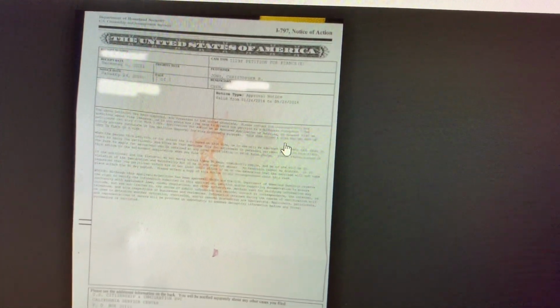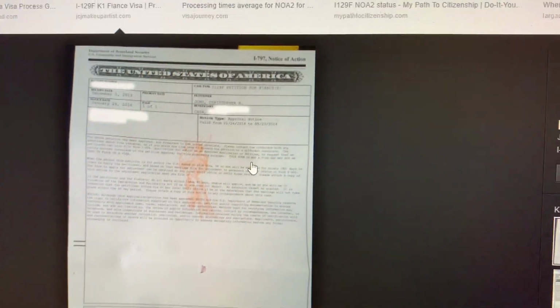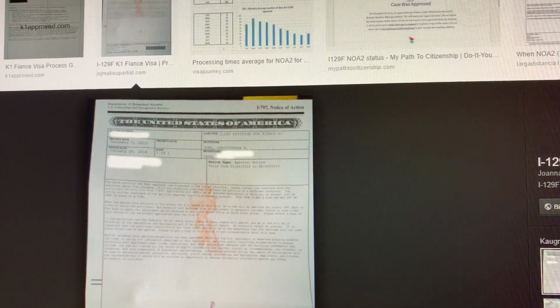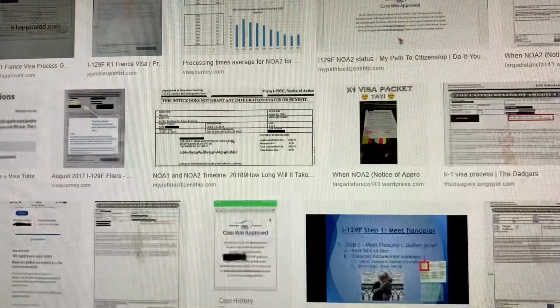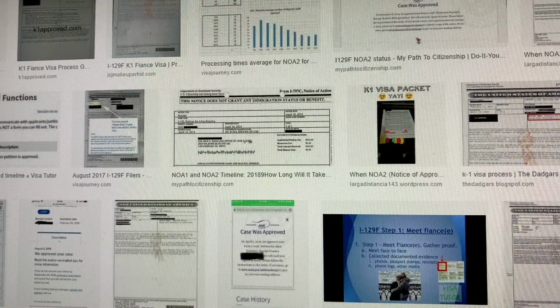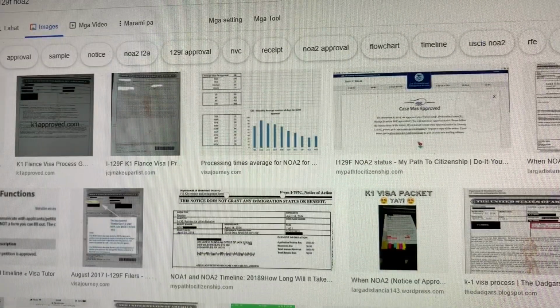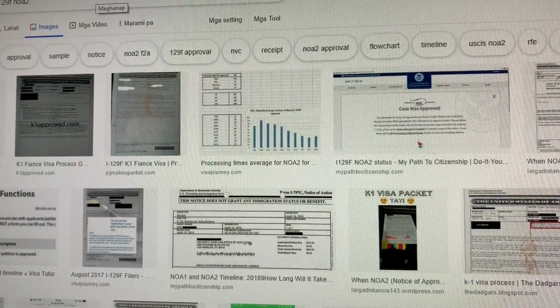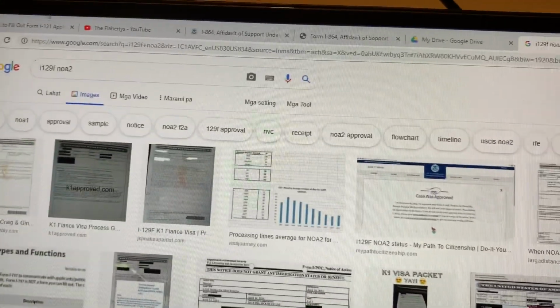This document is the one that got mailed to your husband, or to your sponsor, when you were still abroad. You also need this for your adjustment of status, for your I-485, along with this I-864. I'm going to tell you more about that later. So you need your NOA 2, your Notice of Action 2.